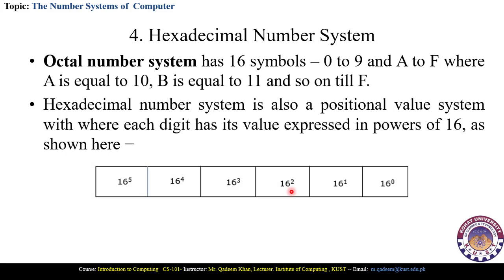And similarly, for the final digit, which is near the point, we multiply it with 16 power 0. So the hexadecimal number system has the base 16, and that's why we multiply each digit with its positional value, the particular powers.